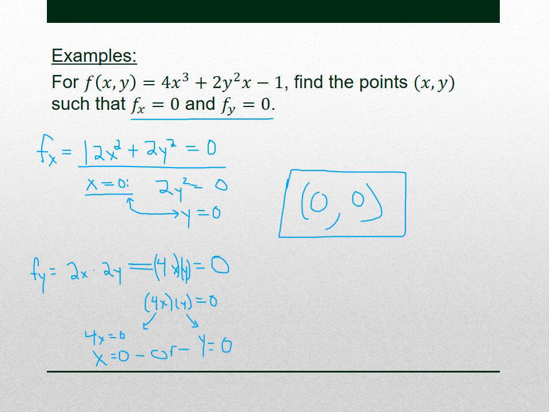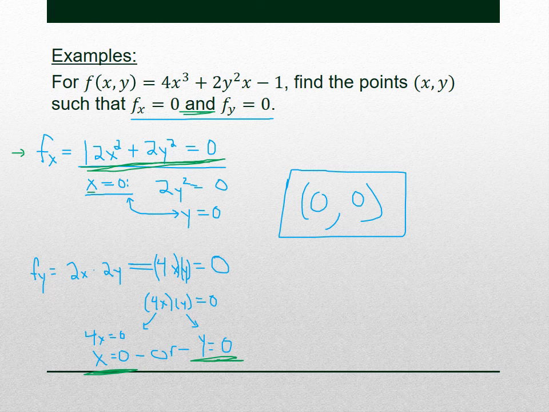All right, so just talking through that one more time here. We went to fy and we got either x is 0 or y is 0. And we said, okay, that has to be true because we have an and. Both things need to be 0. So if fy is 0, then x is 0 or y is 0. So I'm going to start with the case where x equals 0. So I go up to fx and I say, what happens if x is 0?